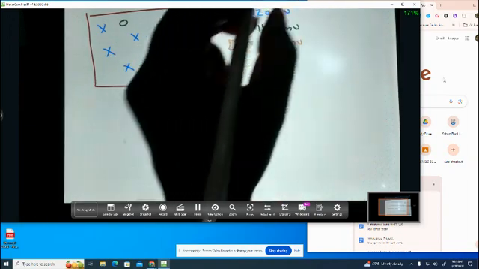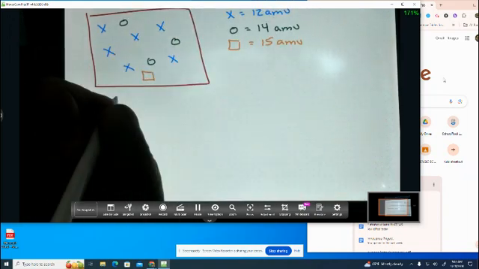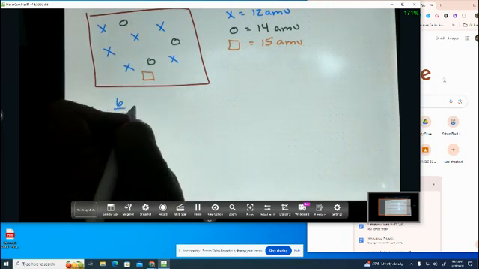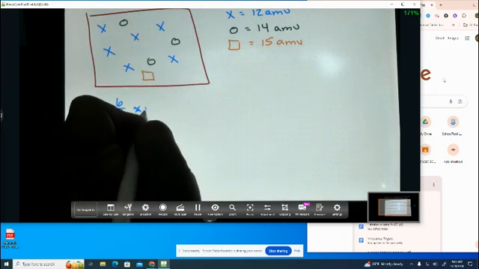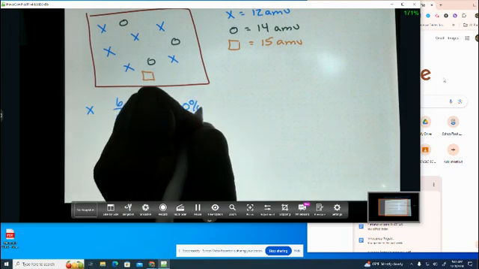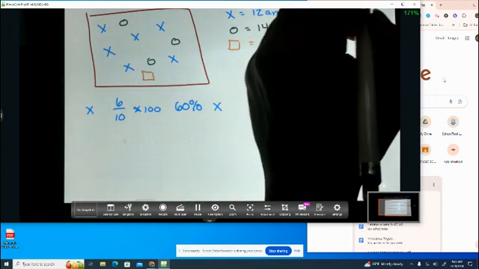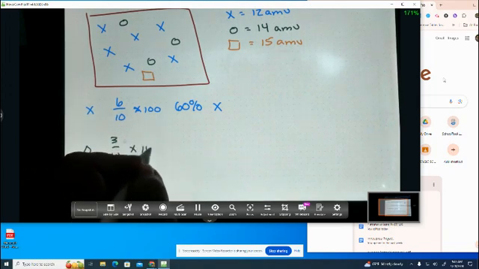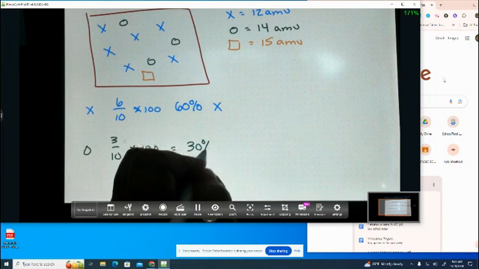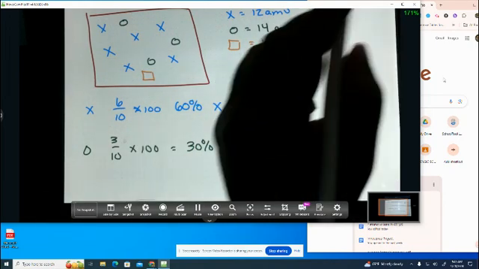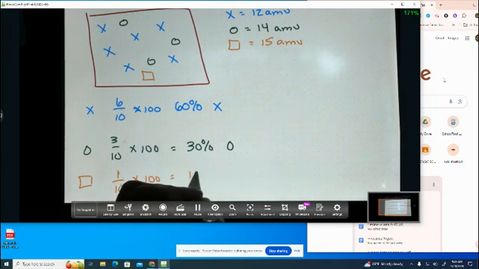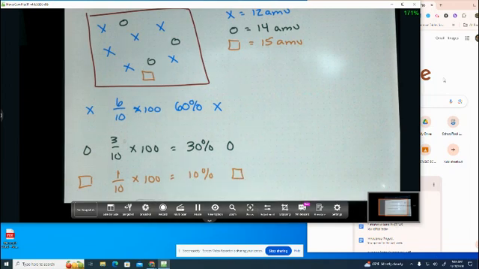So if I'm doing the X's, I have 6 out of 10, there's 10 total in here, times 100, is going to be 60% X. And then my green ones are going to be 3 divided by 10 times 100, which is going to be 30% of these green circles, and 1 out of the 10 times 100 is going to be 10% are these orange squares.